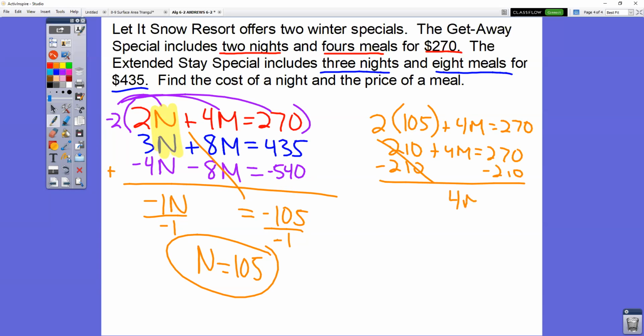So I have 4m equals 60. Divide by 4, divide by 4, m equals 15. So I got m equals 15 and n equals 105. Again, you're going to solve these exactly like you have been, all right? You just have to set up the equations first.